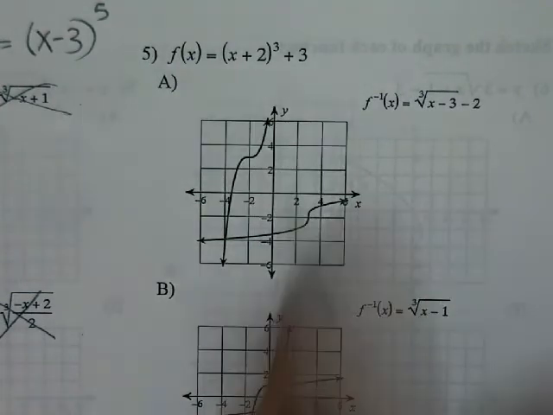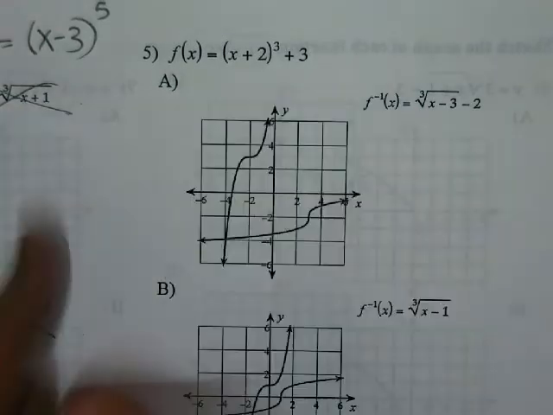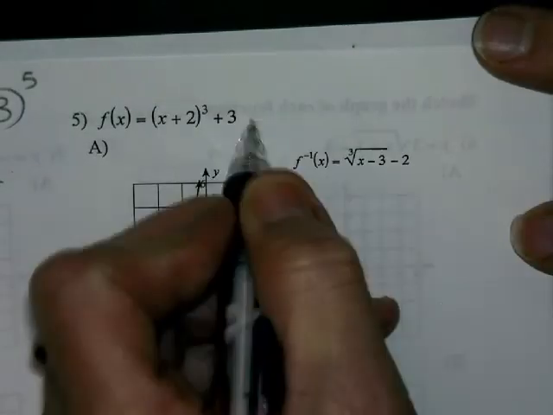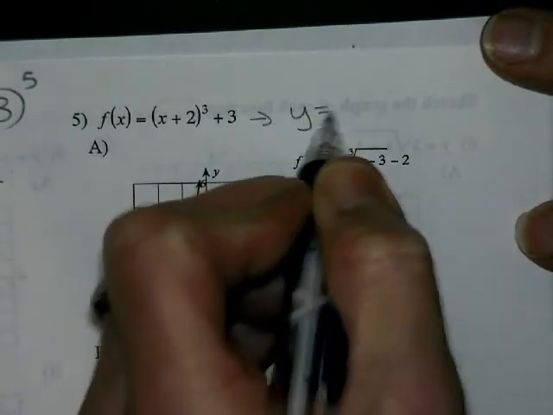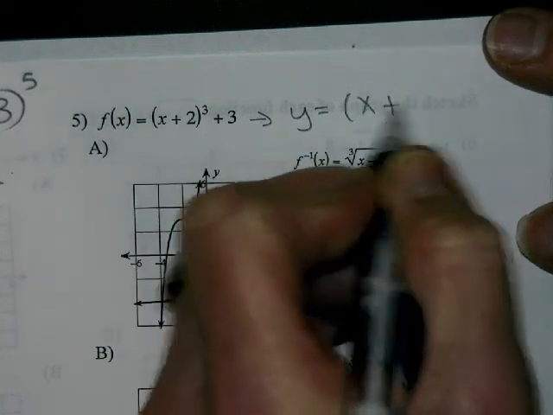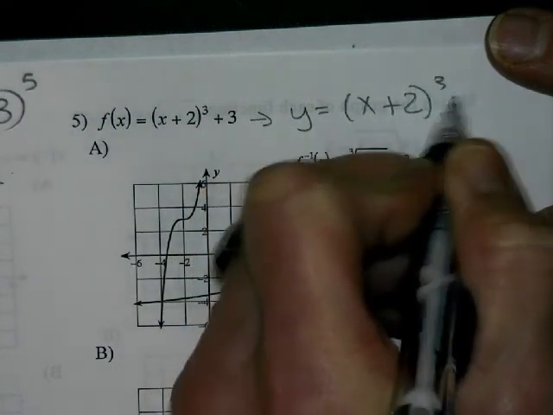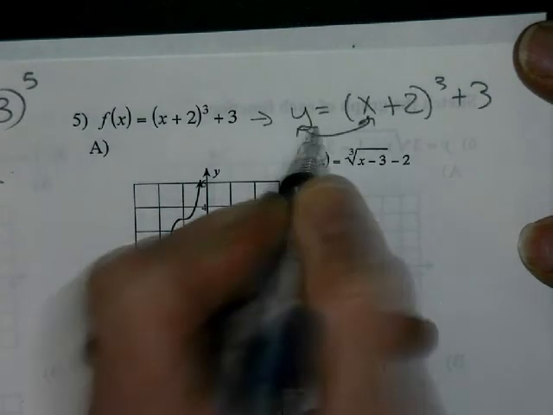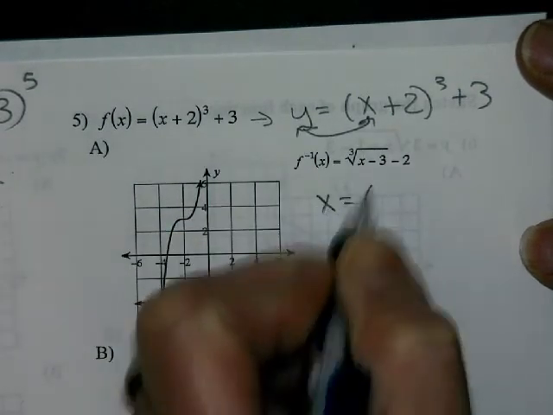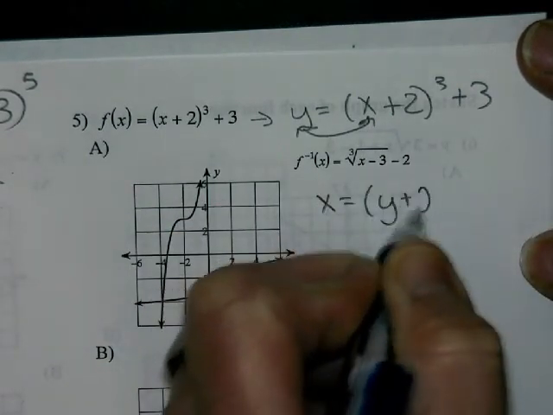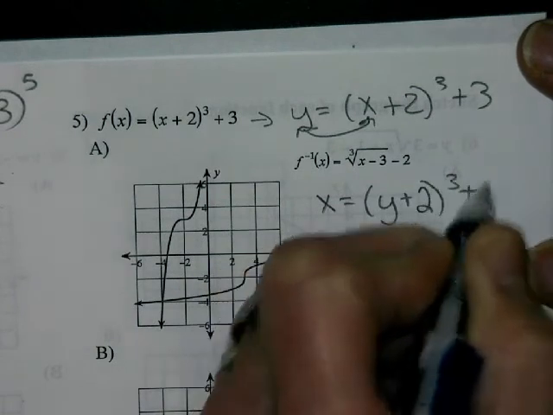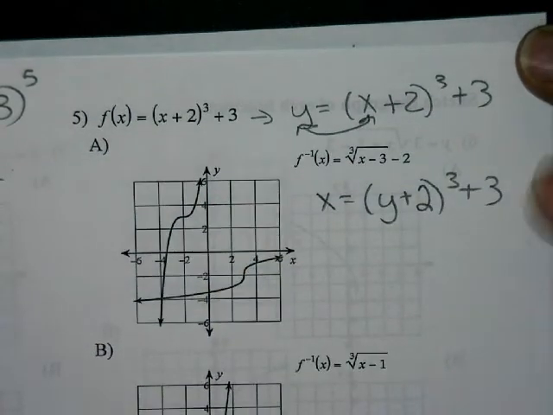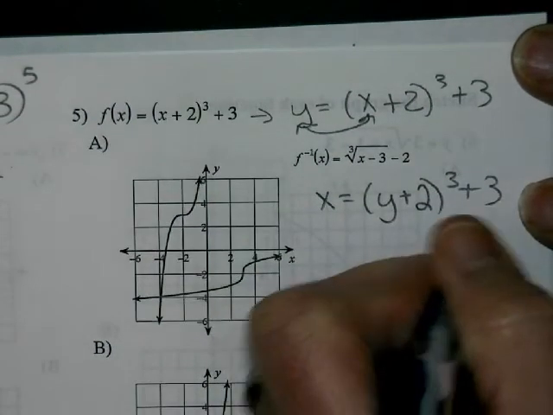Big deal. Okay, this one's a little messy because I'm not sure where things end up, inside or outside or upside down. So I'm going to go ahead and write y equals (x plus 2) cubed plus 3. I'm going to switch these two: x equals (y plus 2) cubed plus 3.